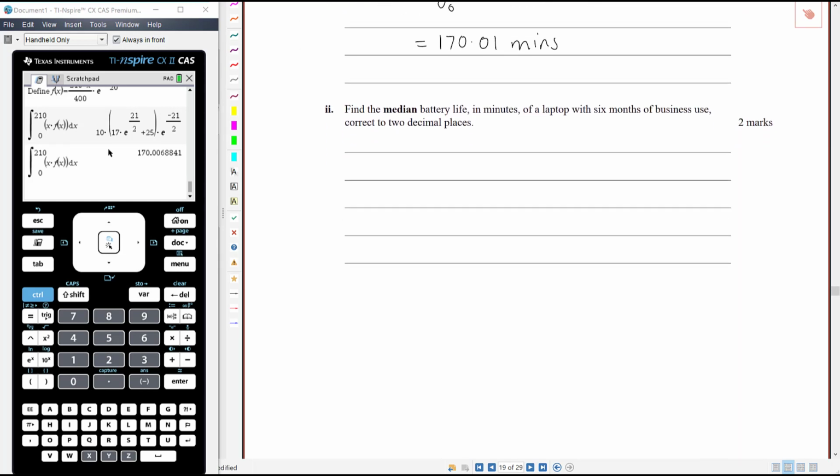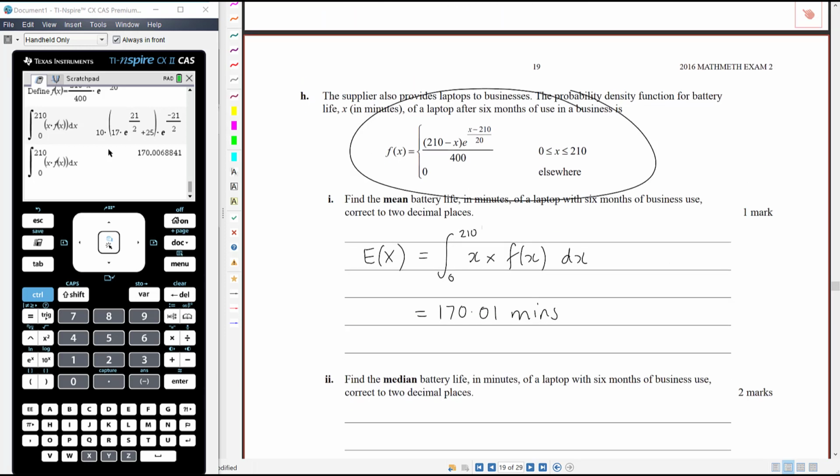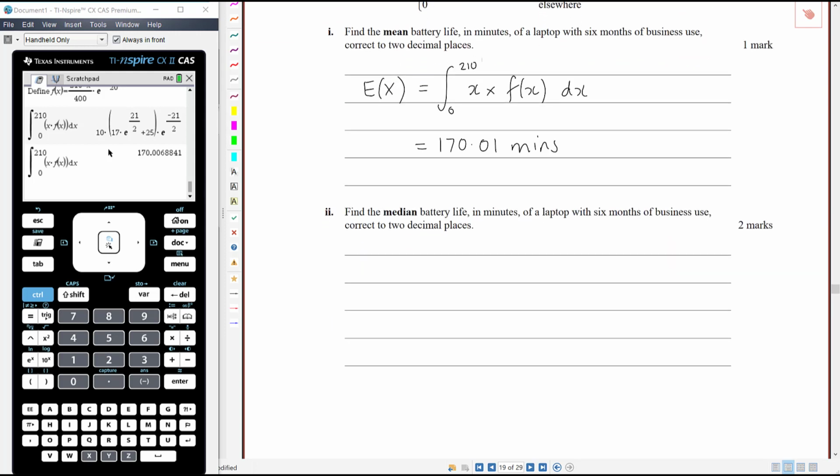Find the median battery life in minutes of a laptop with 6 months of business use. So that just means that we're using this function, correct to 2 decimal places. Okay, so if we let m equal the median, then the integral from 0 up to the median of f of X has to be 0.5.